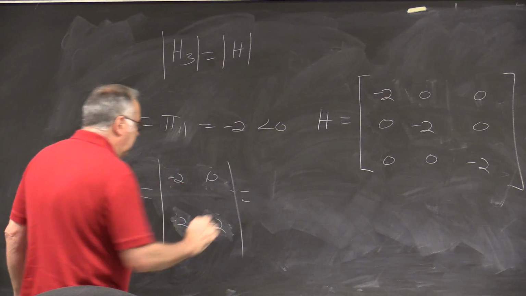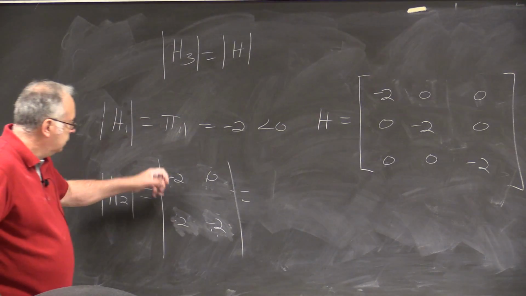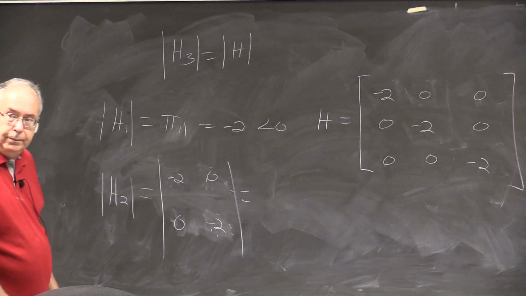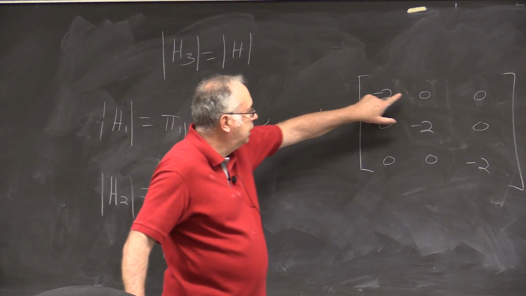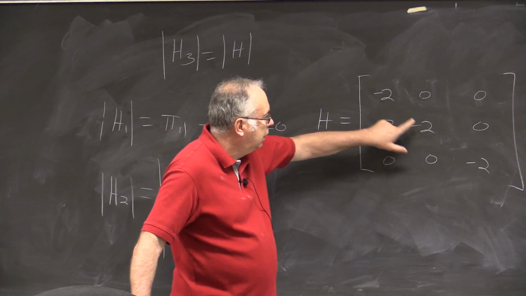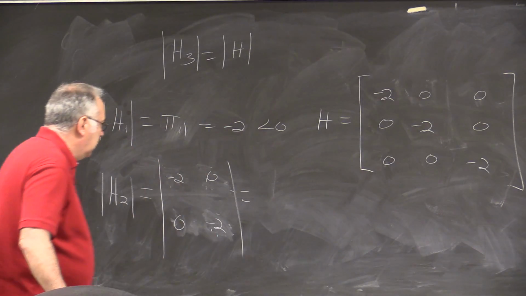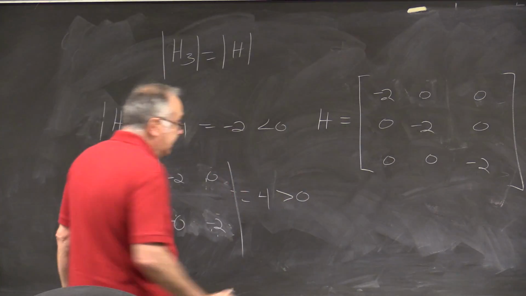So what is this equal to? 4. Oops. Sorry. That's a 0. See, H2 is just these 4 elements. So minus 2 times minus 2 is 4, and minus 0. That is positive.